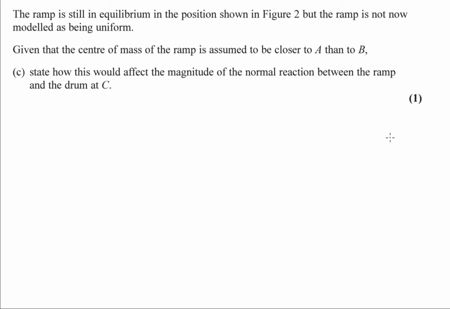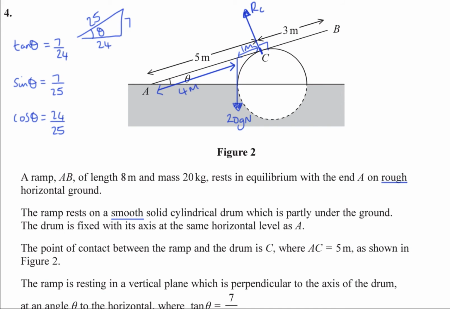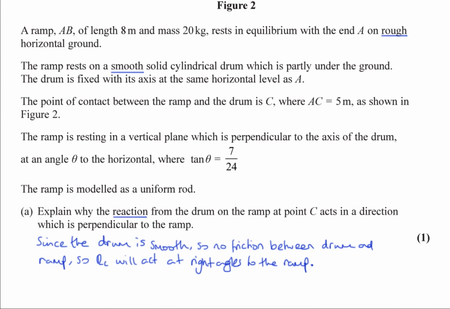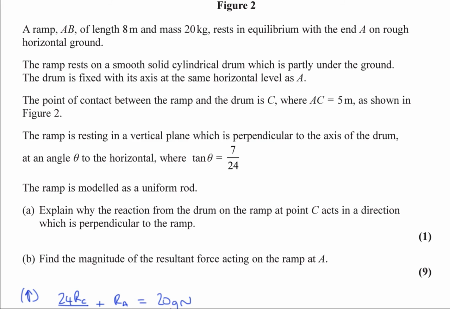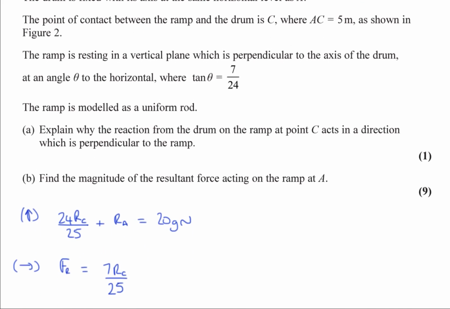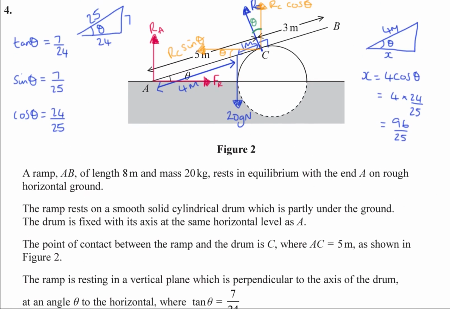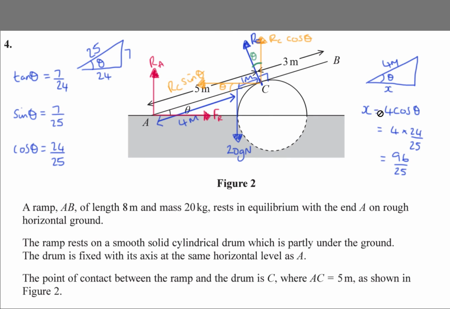How would the magnitude of the reaction between the ramp and the drum at C be different? So what would happen? Well, if we look at the maths that we've done in part B, where did we use that 20G? Where did we use the length of 4? We used it when we were working out the moment.